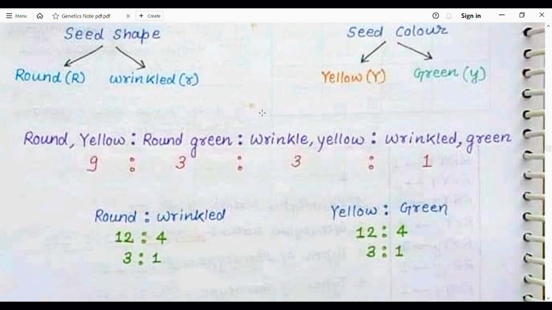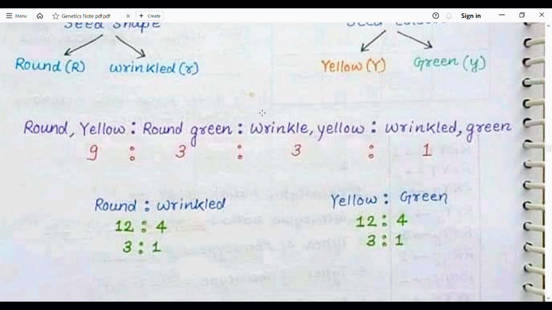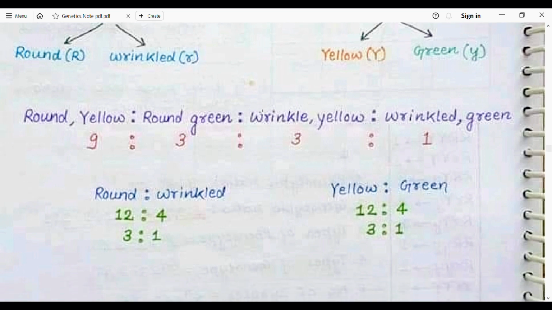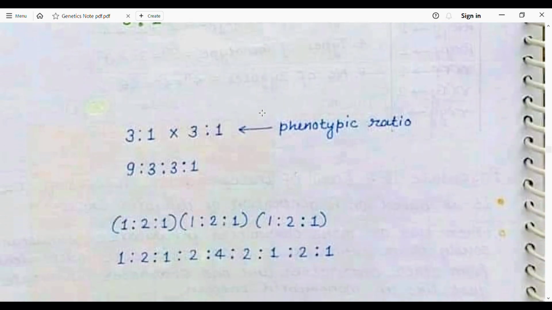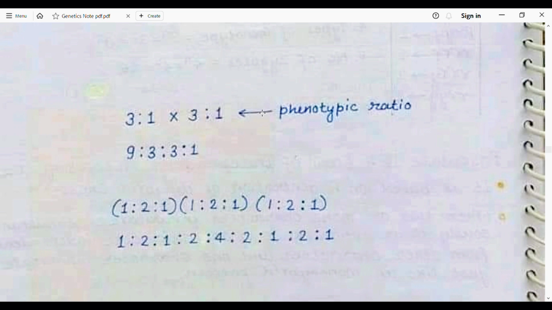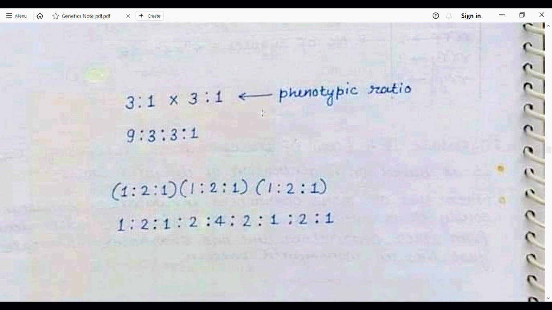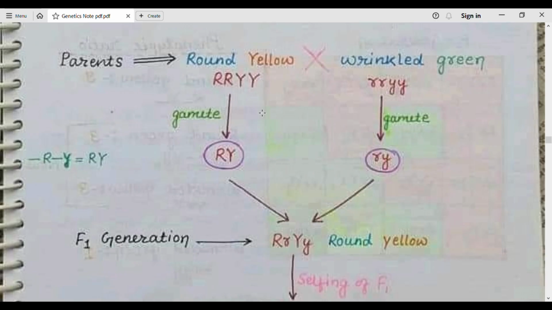So round yellow is 9, round green is 3, wrinkled yellow is 3, and wrinkled green is 1. So 16 offspring are produced, and the genotypic ratio is 1:2:1:2:4:2:1:2:1.